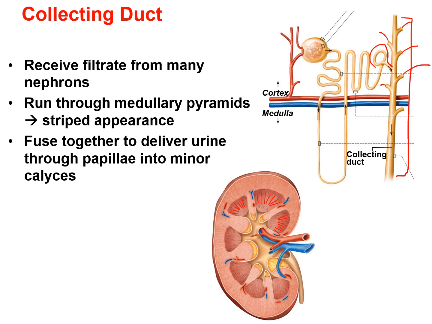So you have multiple collecting ducts running down your renal pyramids, and they're all running down towards the papilla, or the tip of your renal pyramid. And so this is how that papilla is going to drain that urine from the renal pyramid and dump it into your minor calyx.